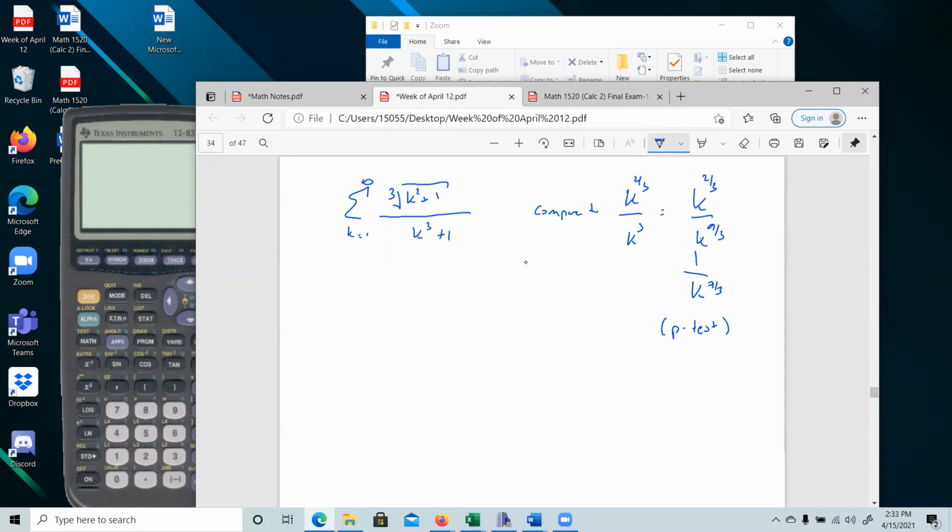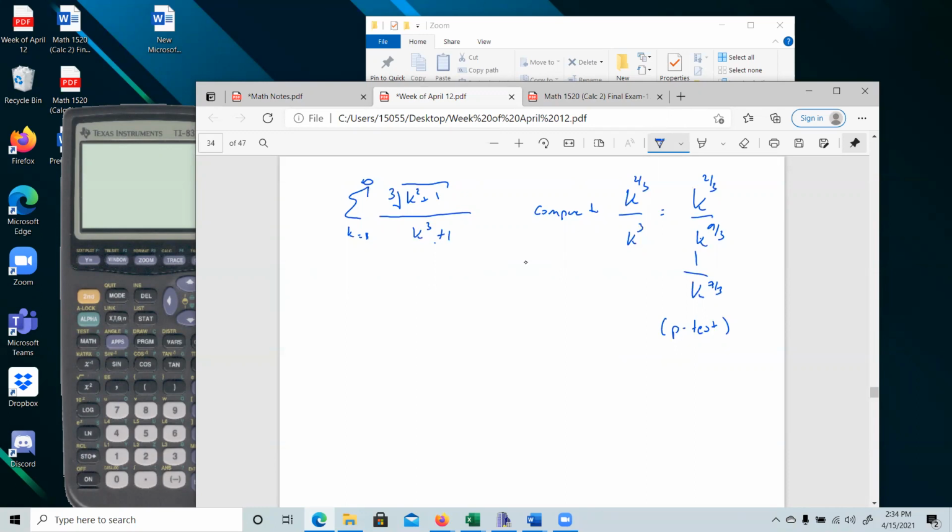I don't want to just compare it, because I don't know if I can prove that this is always strictly smaller than that one. We could probably do a couple of things here. It is always positive though, right? All the pieces here are always positive, especially since k starts at 1.